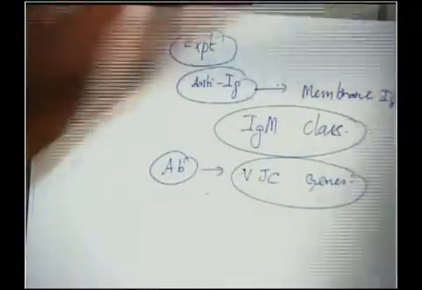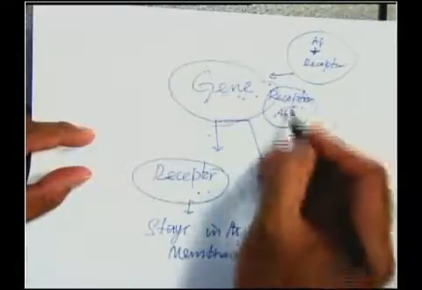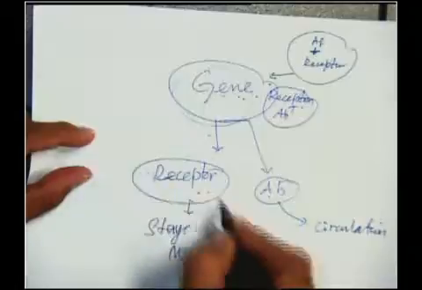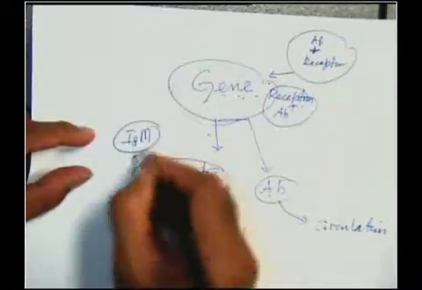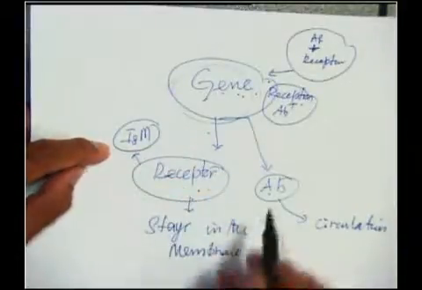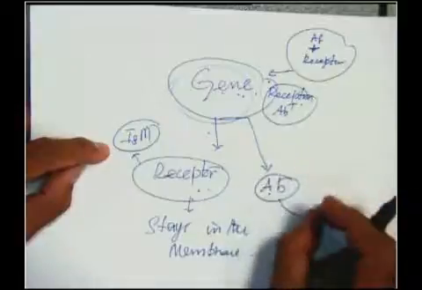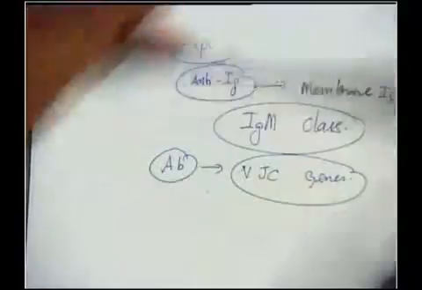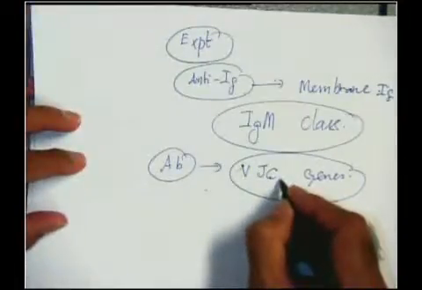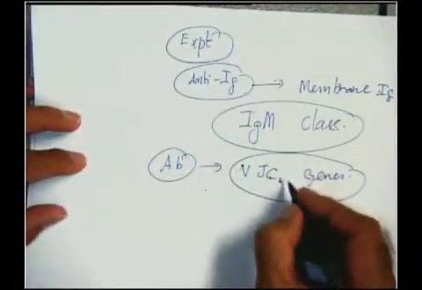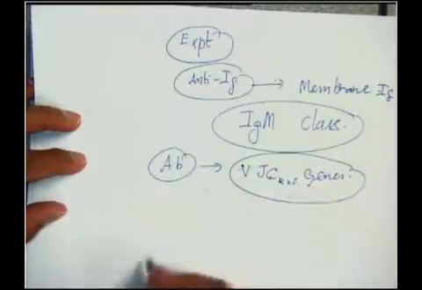This is the gene which is going to act as a receptor as well as an antibody. On the receptor side, you mostly get the IgM class because that stays in the membrane. And then the antibody has both this membrane part as well as another part, which we will see. So the VJC, and there are also other subtypes, kappa and lambda and delta genes. There are different types of genes.